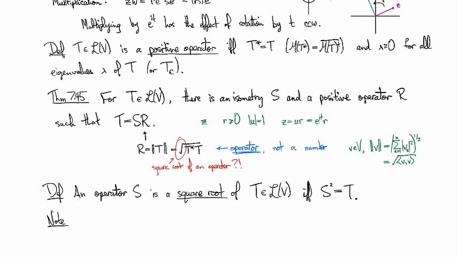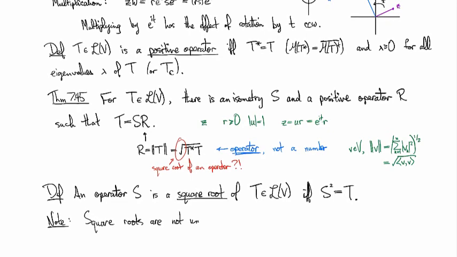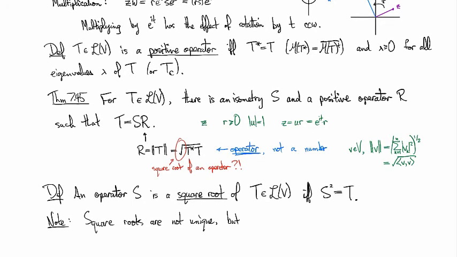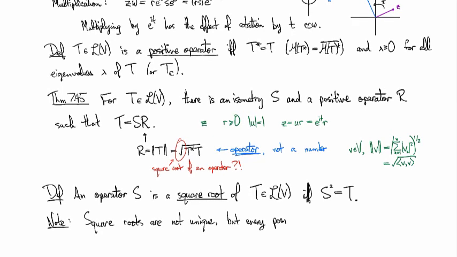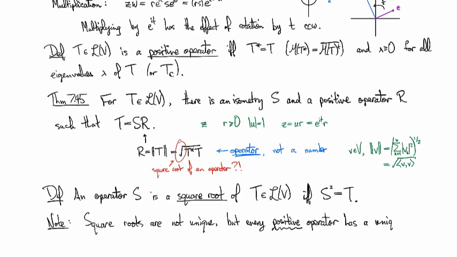So it's helpful to know that square roots are not unique. But every positive operator, so as long as it's positive, has a unique square root.